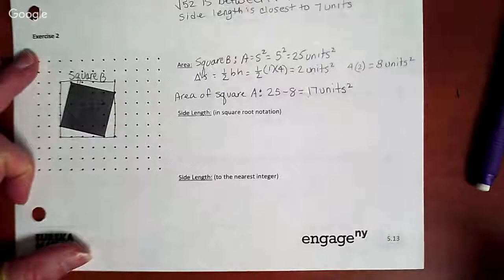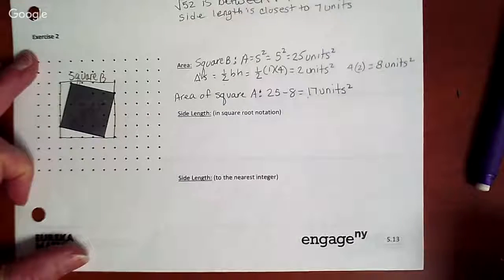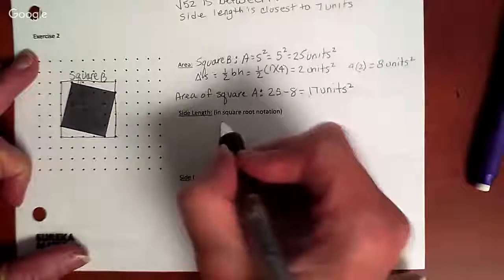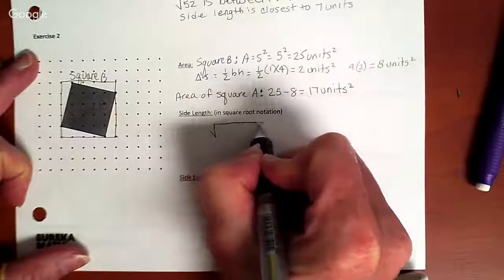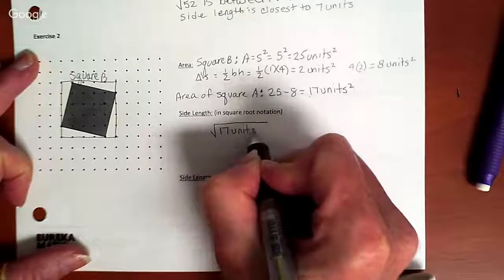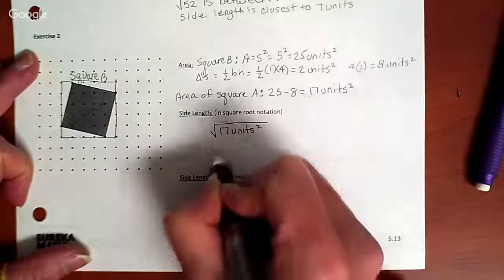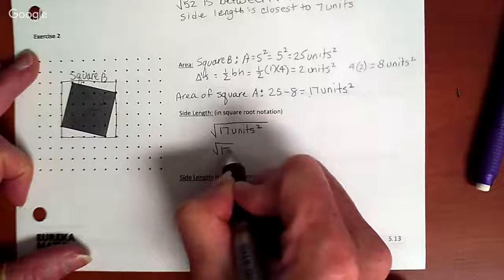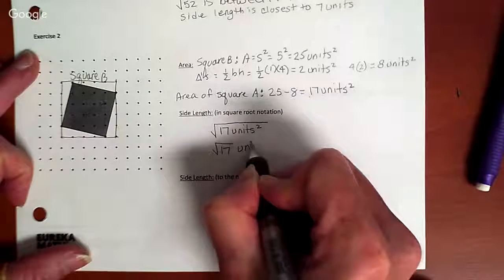So now to write the side length in square root notation, we have the square root of 17 units squared, which is the same as the square root of 17 units.